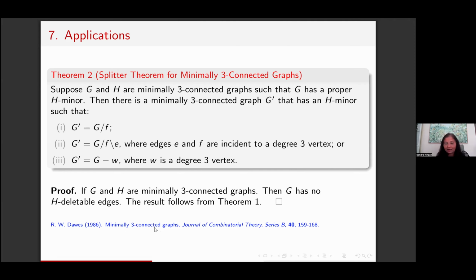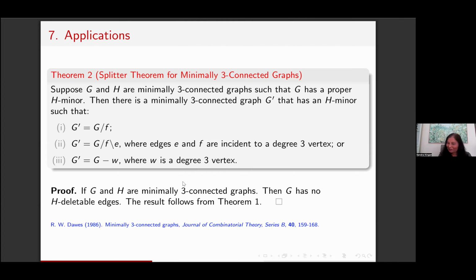He did it in terms of different operations, because he built on Barnette and Grünbaum's operations for growing graphs. And in a paper that appeared last year, we actually showed how to take Dawes' result and express it in terms of deletions and contractions. So slightly different from this.